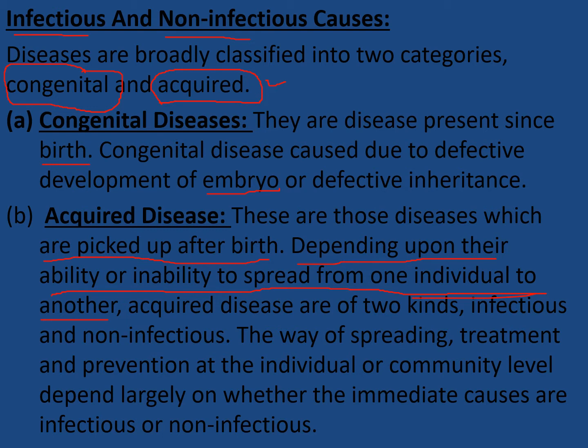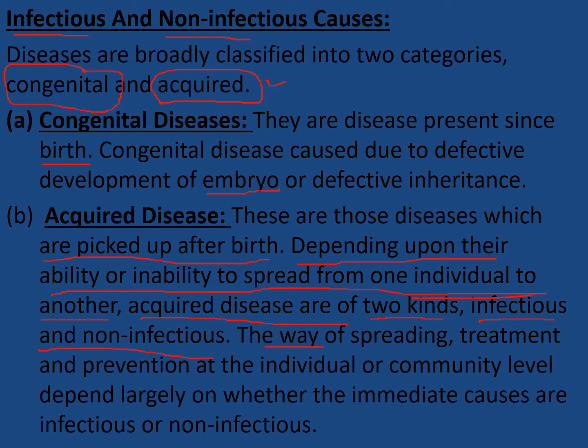Some diseases can be easily transferred from one infected person to a healthy person, while some diseases are not able to transfer. Because of that, acquired diseases are of two kinds. We can divide acquired diseases into two types: number one, infectious diseases, and number two, non-infectious diseases.